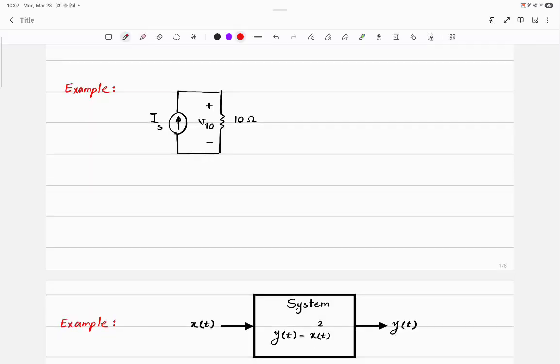So first of all, before talking about this example, can someone give me a definition of a system? Very general engineering question. What's the definition of a system?